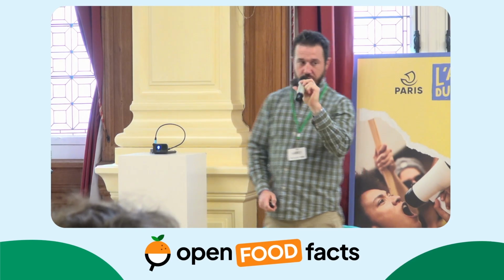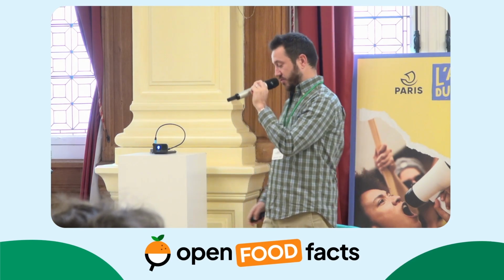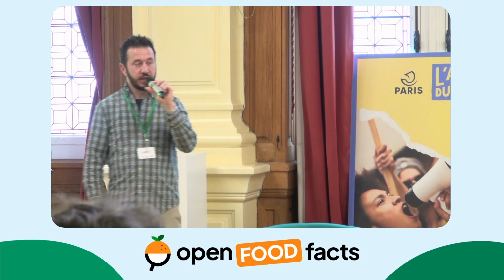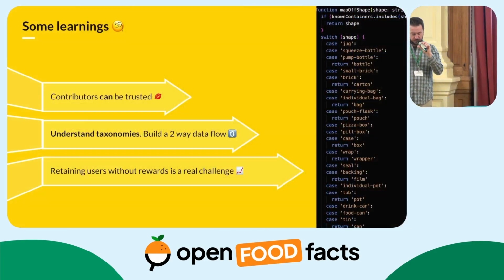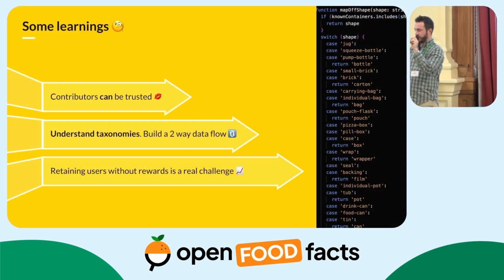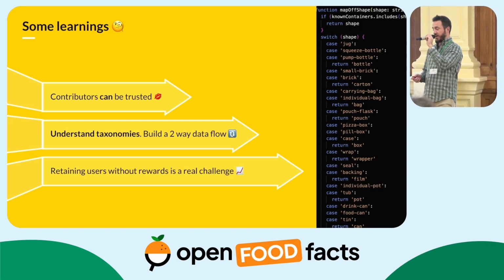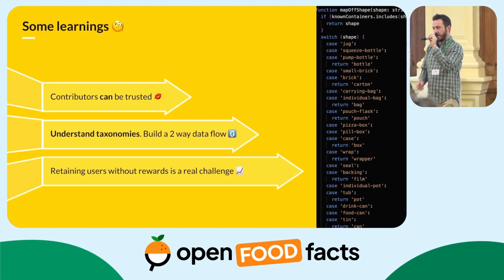The third one: I mentioned retention was really hard, getting people to use the app regularly, mostly because it was initially just a recycling utility. People would use the app, learn how to recycle certain things, and then not have a use for it, which I guess is a good thing.